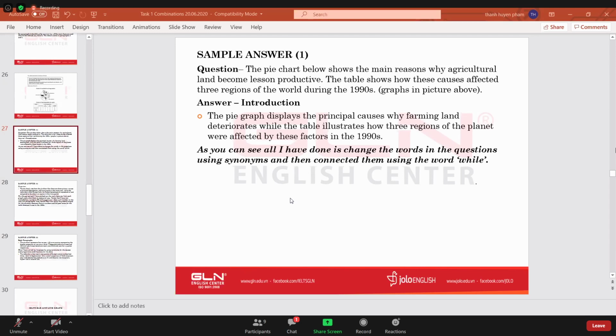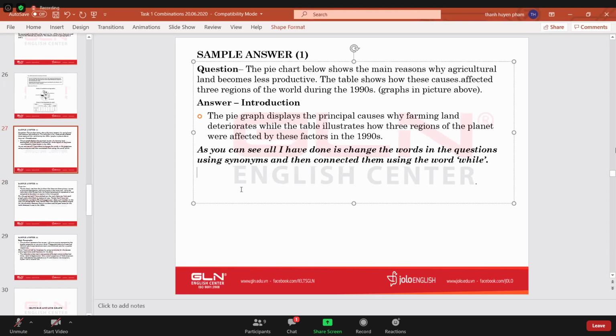The question says why agricultural land becomes less productive. I've got a spelling mistake there, we'll correct that. And in the introduction, why farming land deteriorates. And then we link the 2 questions together with "while".